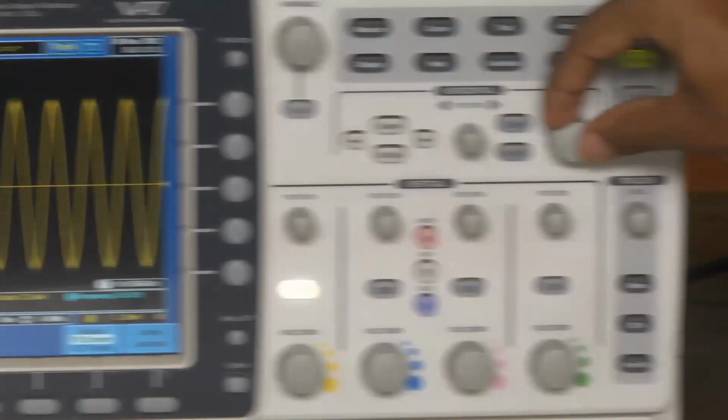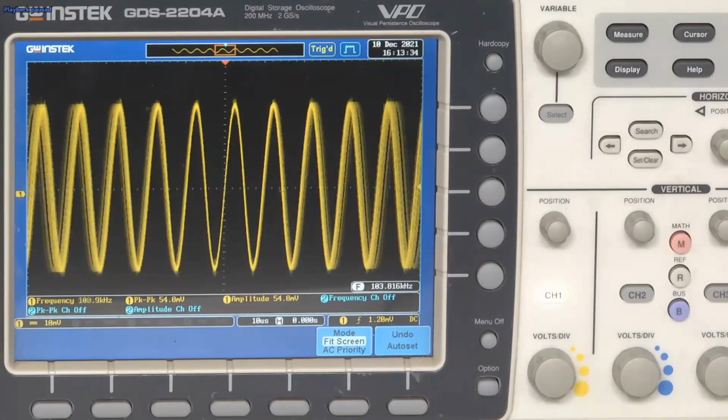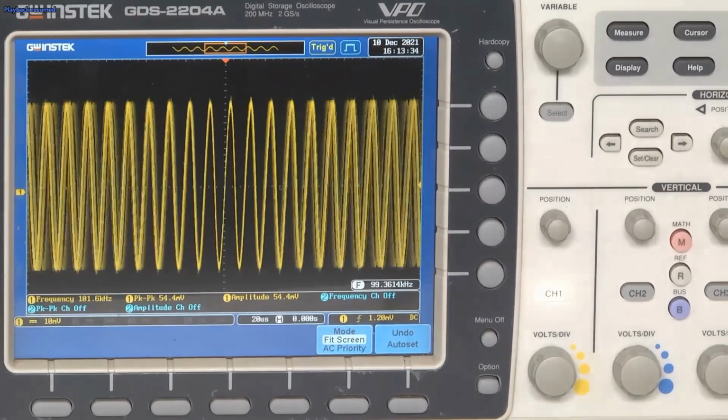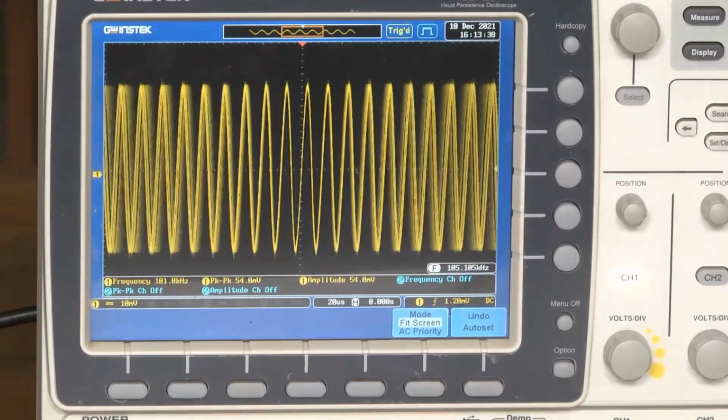And here in the oscilloscope you can see the FM modulation, the frequency modulated wave. The frequency is changing.